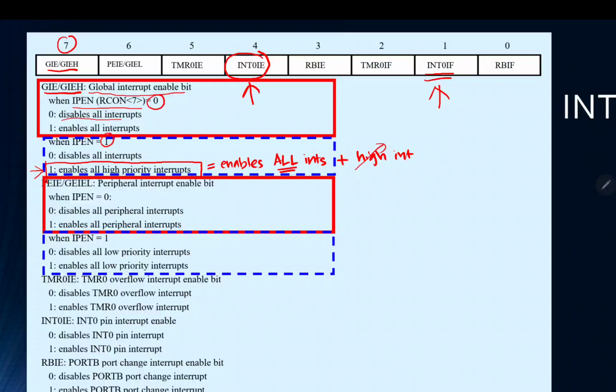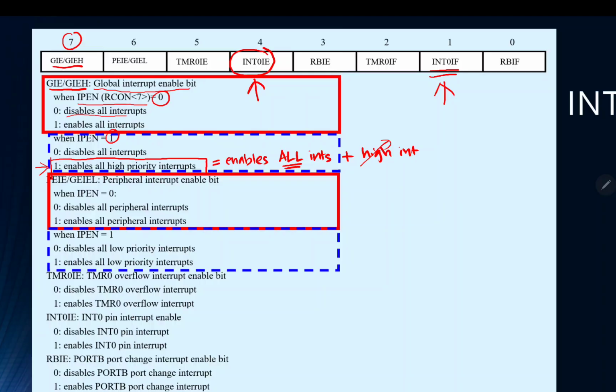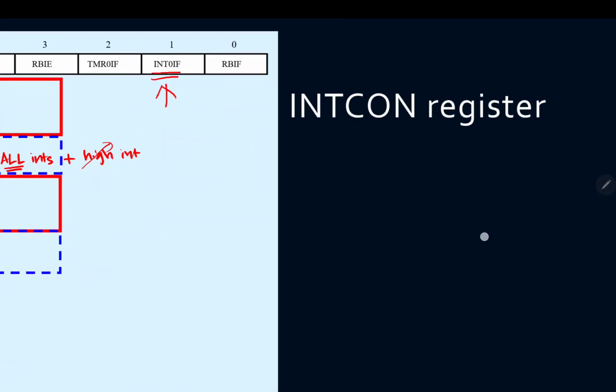So you always need to enable this. But here there is a catch. If you see at the 6th bit, there is also what we call GIEL. When IPEN equals 1, it enables all low priority interrupts. So in this case, you also need to enable this.